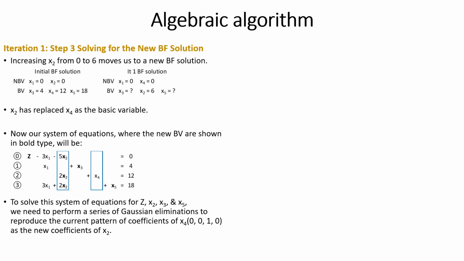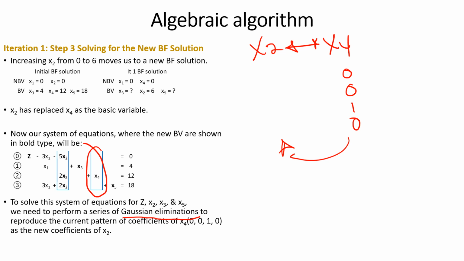For that, we go to step number 3 in iteration number 1, and here in order to be able to do this switching between x2 and x4, we have to do what we call Gaussian eliminations. When we do Gaussian eliminations, what we're looking for is the pattern that we got here for x4, and the pattern is 0, 0, 1, 0. It will become also the pattern for x2, 0, 0, 1, 0.